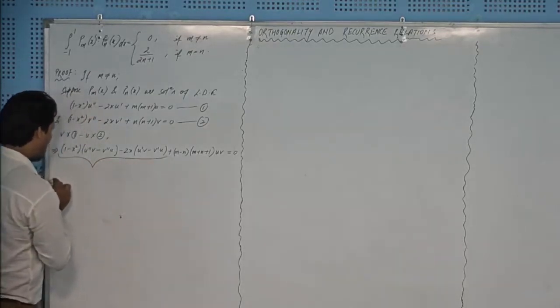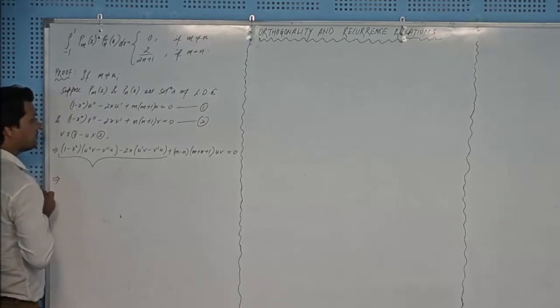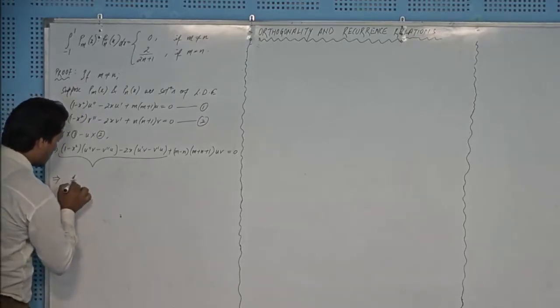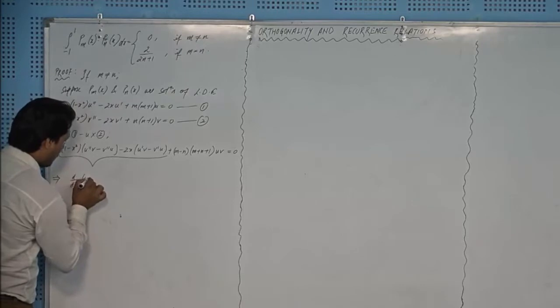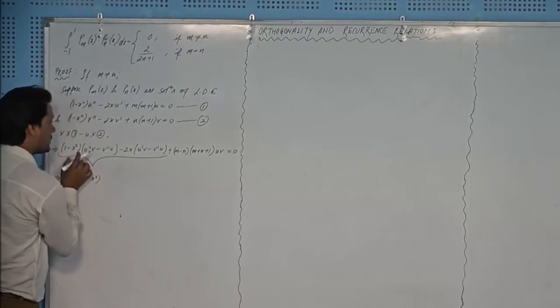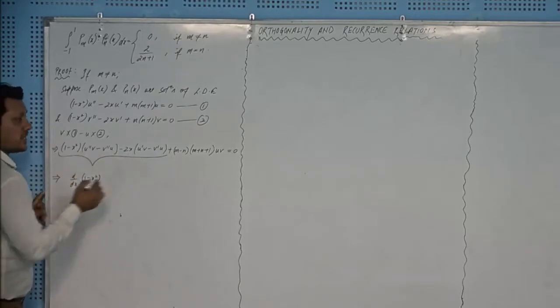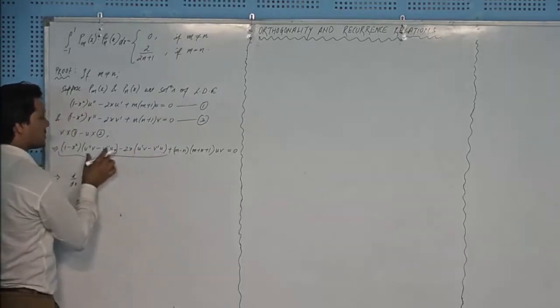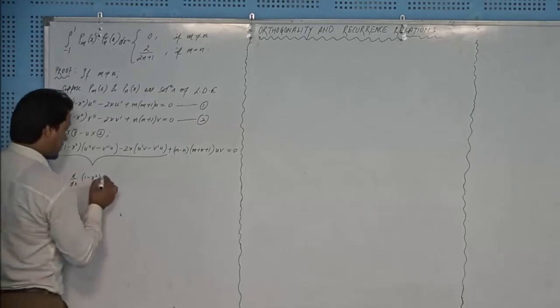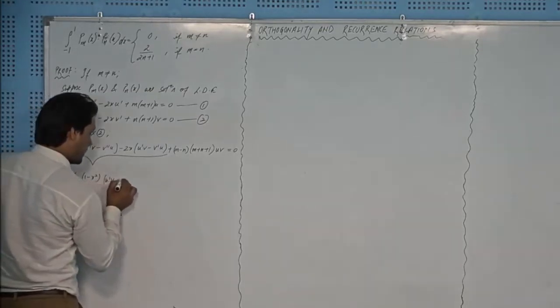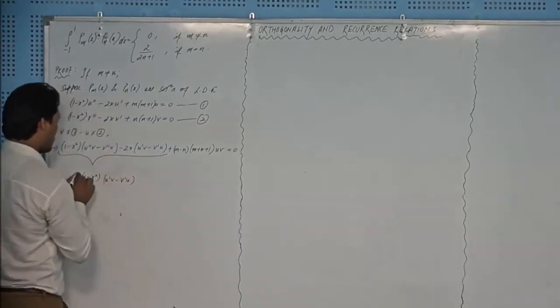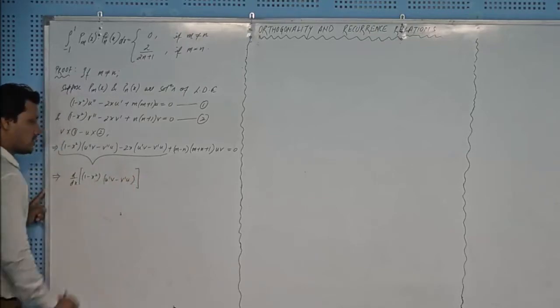They can be written as d by dx of (1 minus x square) times this term, since the differentiation of 1 minus x square is minus 2x, and the differentiation of the other is this, so I can write it as u dash v minus v dash u. You should check it by yourself.